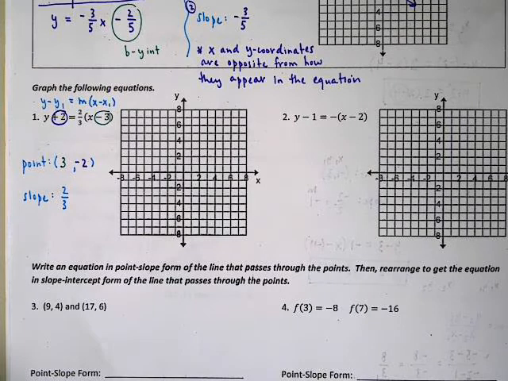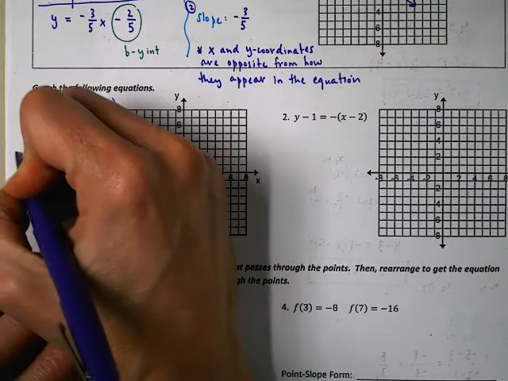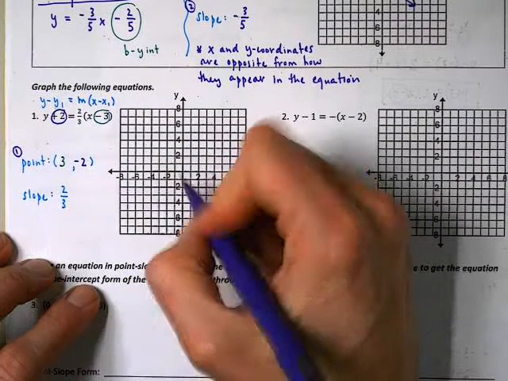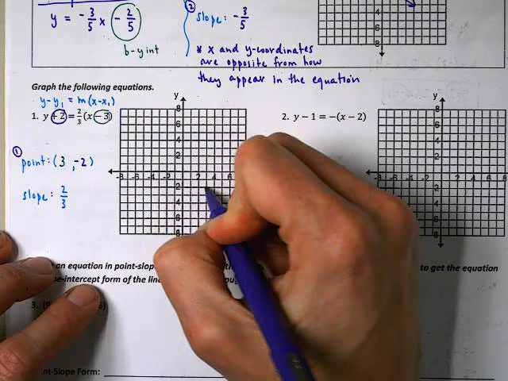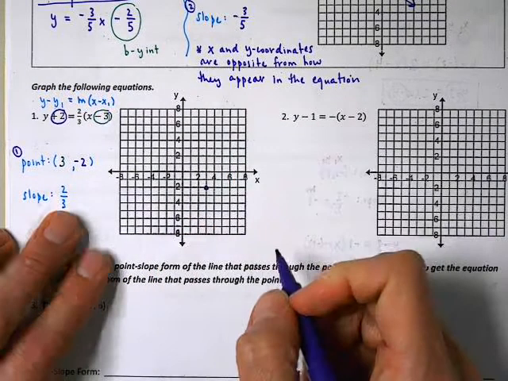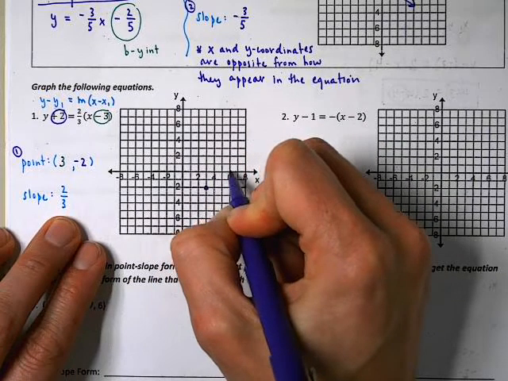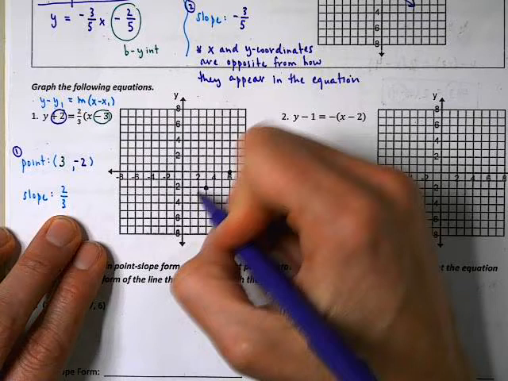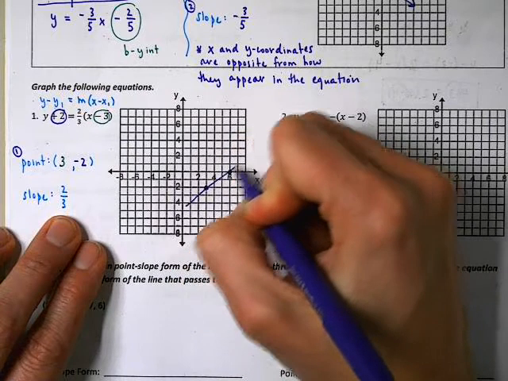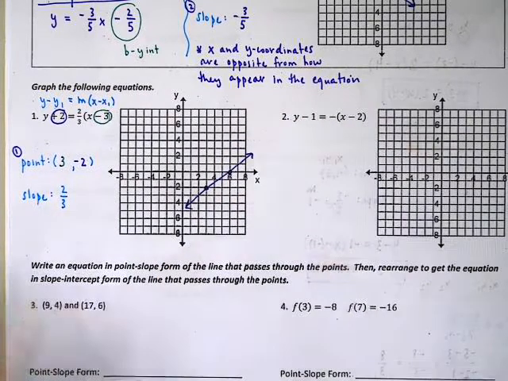So now to graph that, we're going to start by plotting the point. So I have 3, negative 2. I have a positive slope of 2/3, so I'm going to rise 2 and run 3. And that gives me the graph of my line.